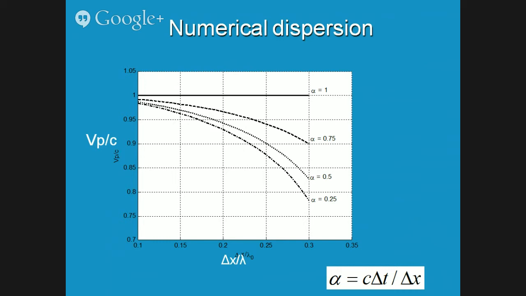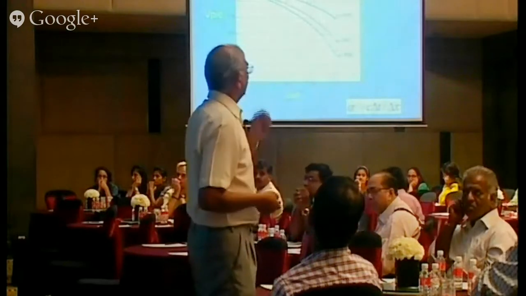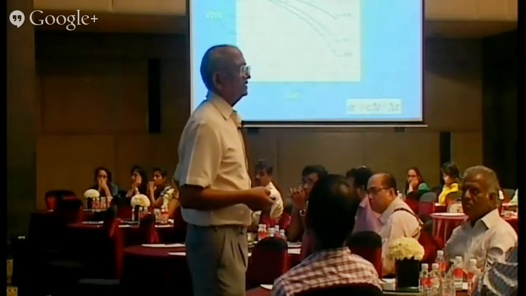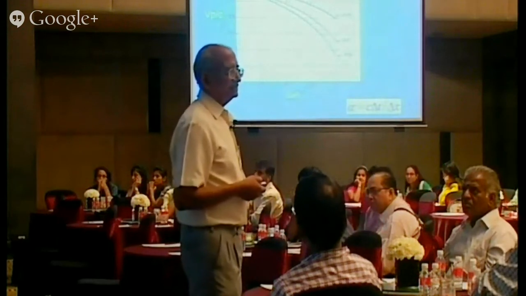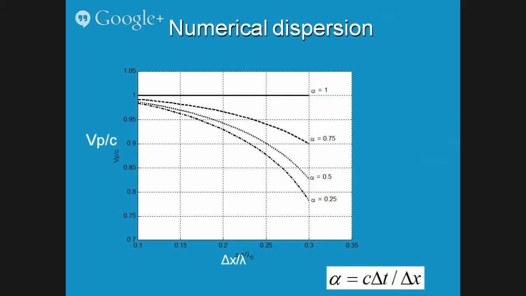This alpha equal to 1 is called the magic step in FDTD. That is, for alpha equal to 1, the error associated with this finite difference approximation on the left side and right side cancel each other and we get the exact solution. Okay, but there is no such thing in general.